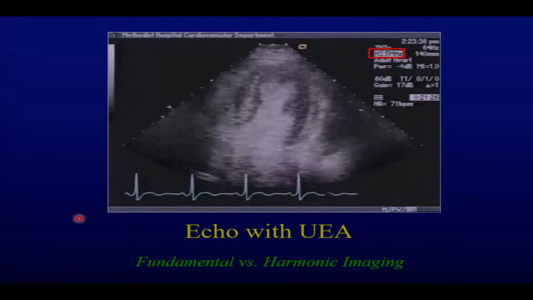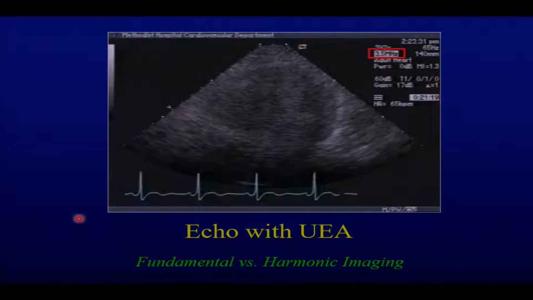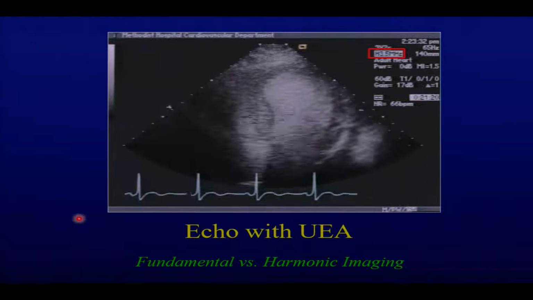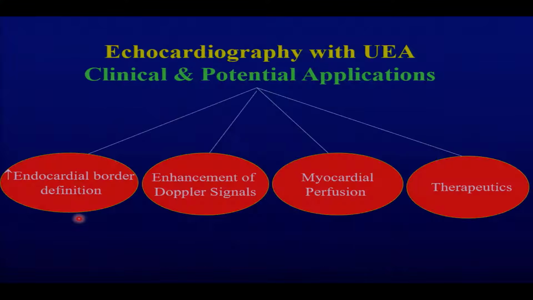But if you want to use contrast, you need harmonic to enhance the signal compared to the myocardium per se. Okay, so what is approved for use of these agents in the United States is endocardial border definition. I told you, two segments or more that are not seen, from any window, usually the apical window.